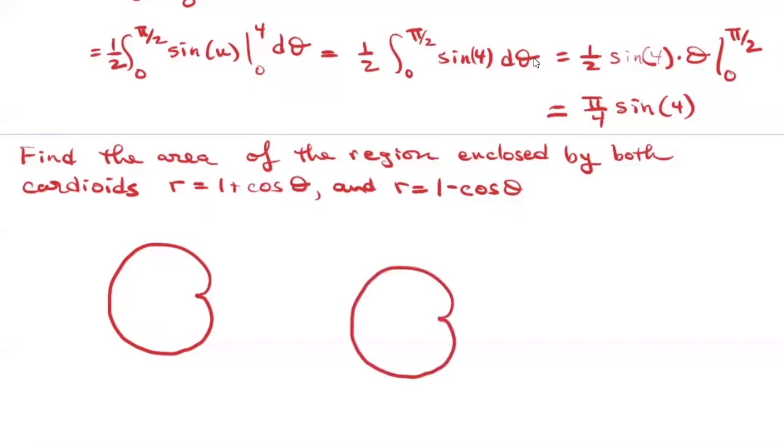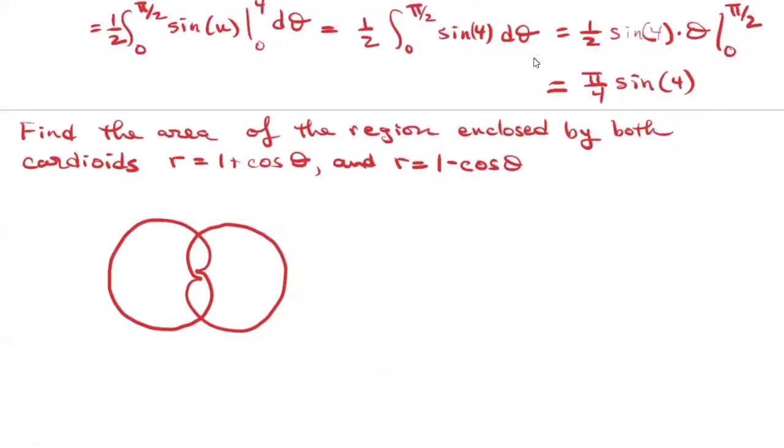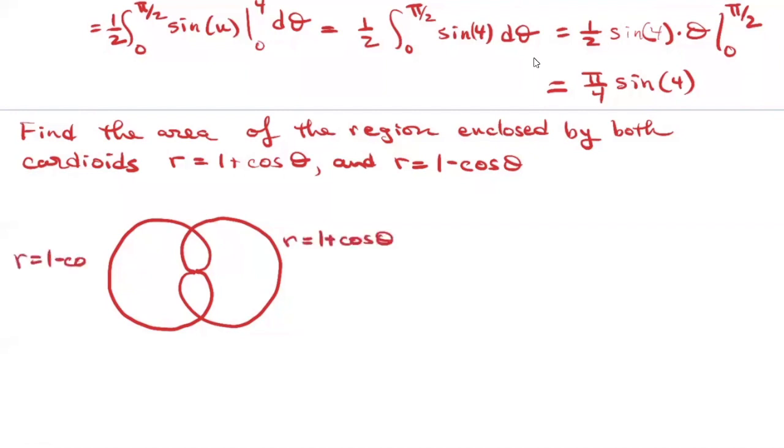But there's two of them, so the other one's inverted. So I'm going to turn it over like this. It's not great. I've done worse. Okay, so these are my two cardioids. On the right, you have r equals 1 plus cos theta, and on the left, you have r equals 1 minus cos theta.